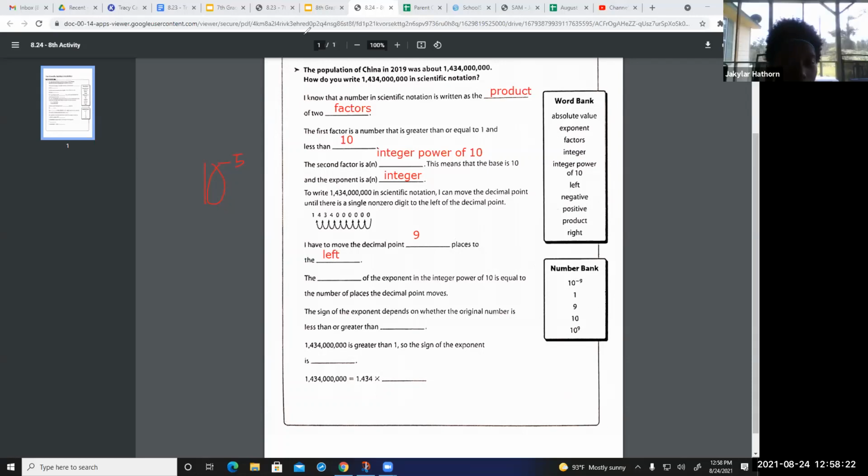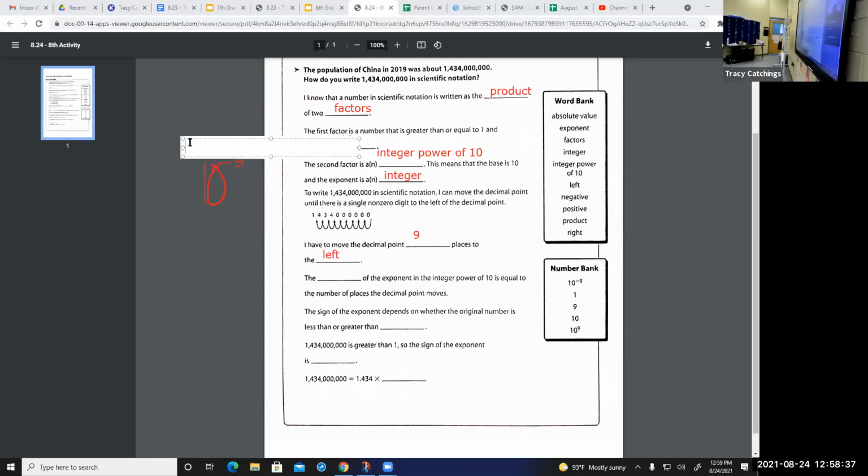I'm thinking 10 to the negative 5th. What is that going to tell us, that negative exponent? That the number is very small. And which way are we shifting, Kennedy? To the right. So that would tell us to shift 5 to the right.